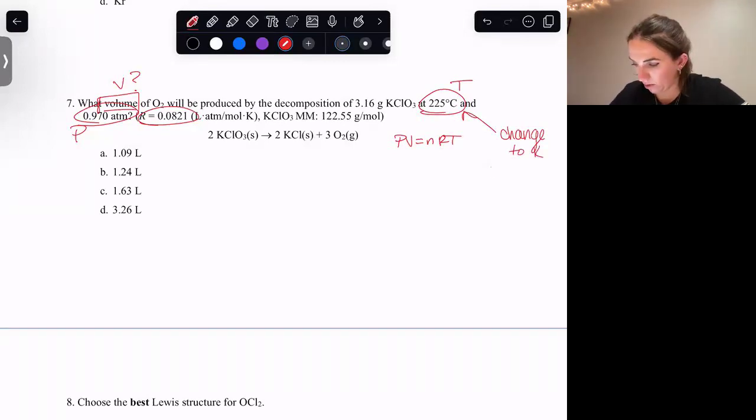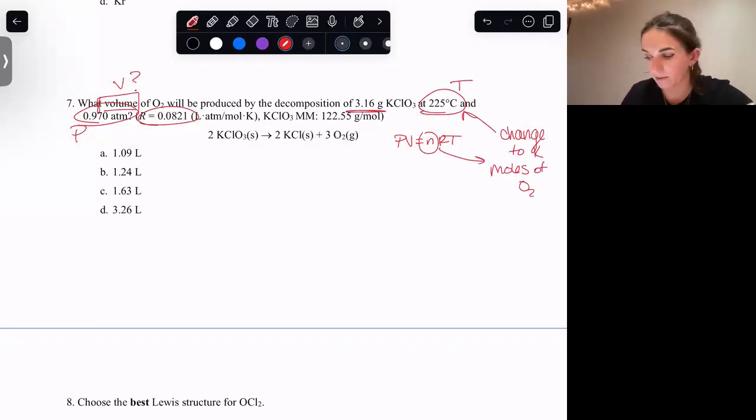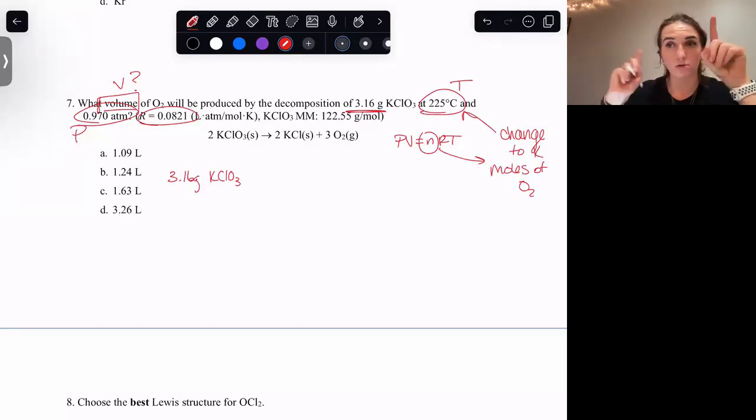Good, and we need to be in moles of O2 here. Okay, but we're given 3.16 grams of KClO3. So the first thing that we need to do is get that into moles because we can't convert from grams to grams of things. We need to convert from grams to moles and then moles to moles of each other.